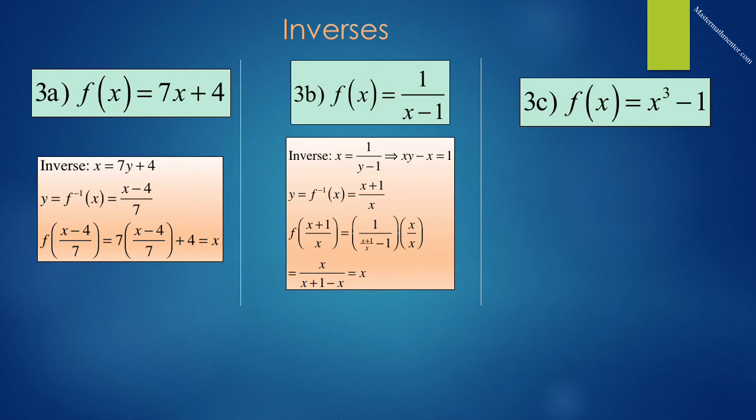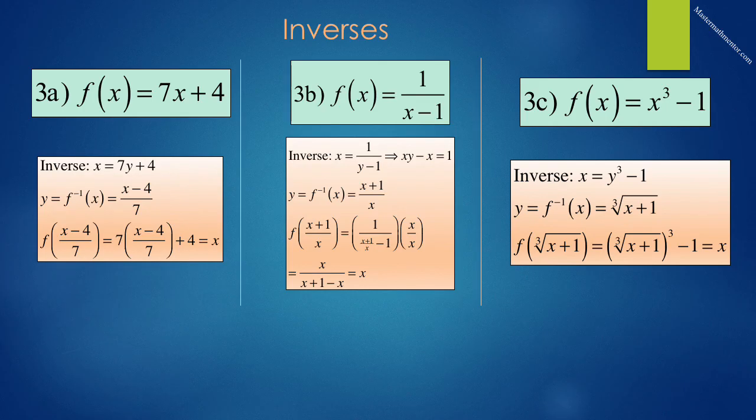Going to the original f of x, we plug in (x plus 1) over x wherever we see an x. And therefore we get 1 over [(x plus 1) over x minus 1]. This is a complex fraction, and we will multiply top and bottom by the LCD, which is x. And therefore we get x over (x plus 1 minus x), and we get right back to x.